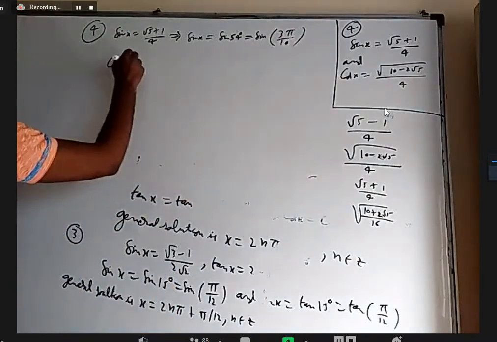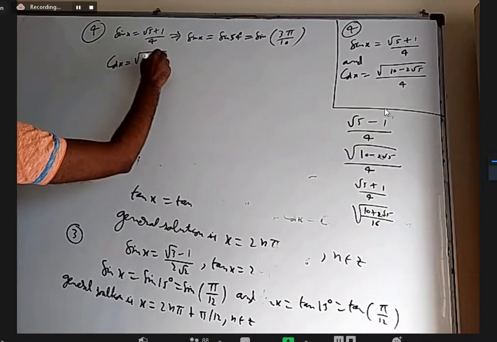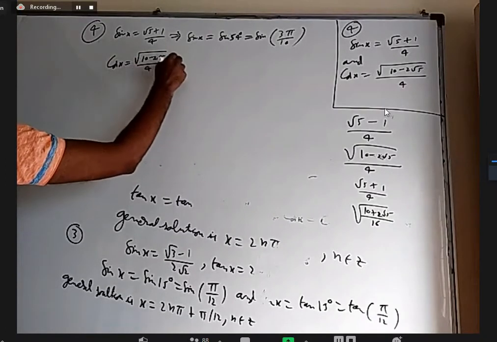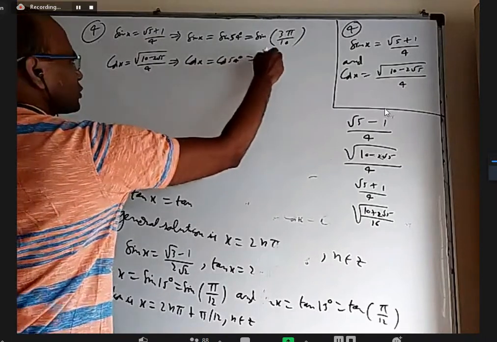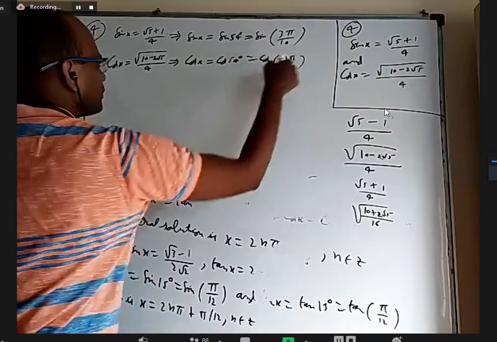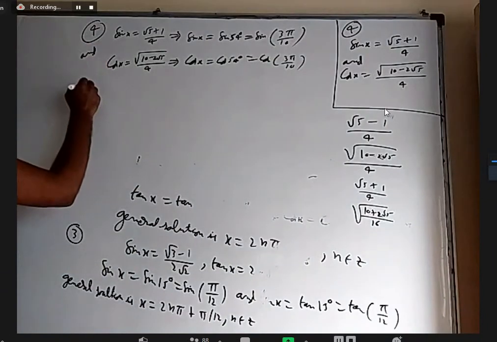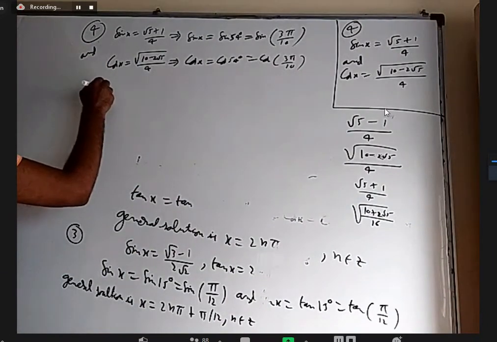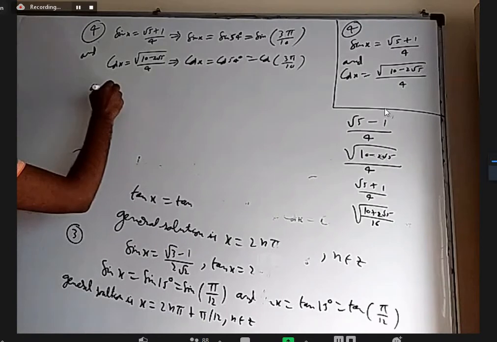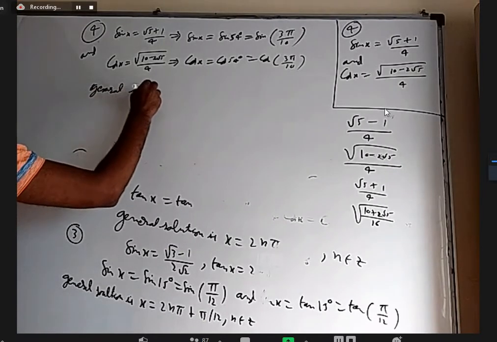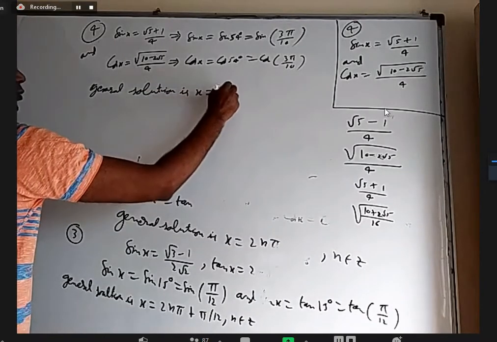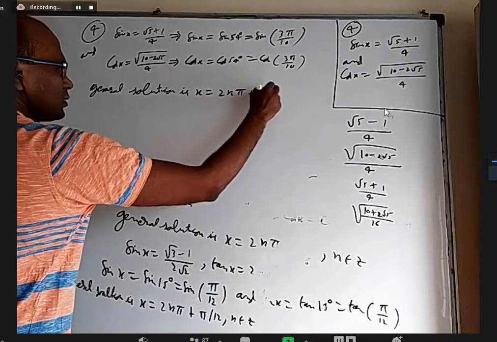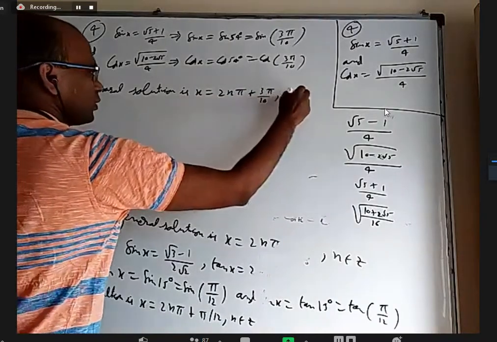And cos x is equal to square root of 10 minus 2 root 5 by 4, that is cos 54, which is cos 3 pi by 10. So the general solution is x is equal to 2n pi plus 3 pi by 10, and n belongs to Z.